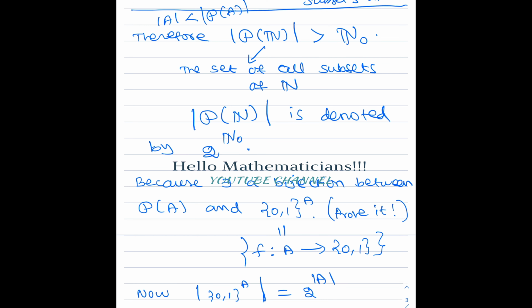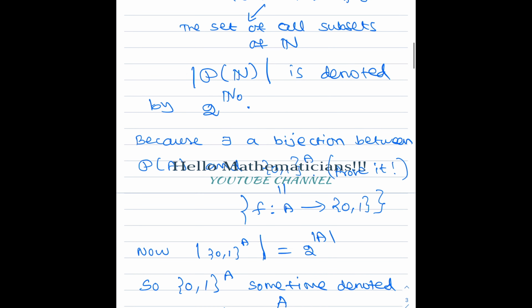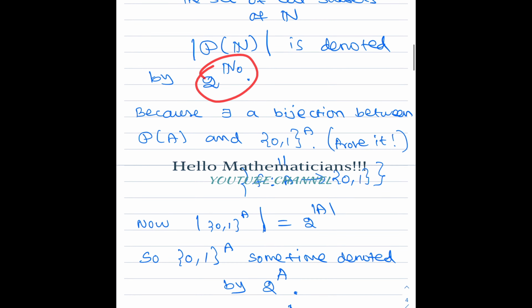Why do we denote it by 2 power aleph naught? Because there is a bijection between the power set of A and {0,1} power A. What is {0,1} power A? This is the set of all functions from A to {0,1}.